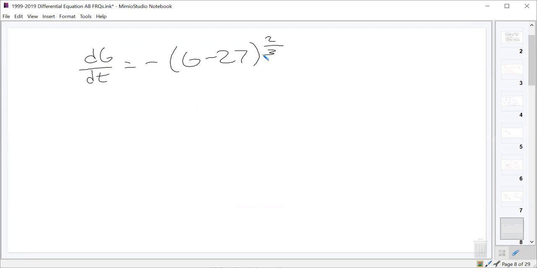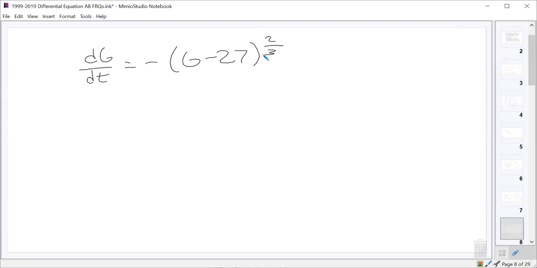So if you have dy/dx equals something with y's in it, you know that's a separable differential equation. If I had dg/dt and this was just t over here with some other stuff, I could just integrate, and that's fine. But because this g that's in the numerator there is over here, I have to separate the variables. Everybody good with that?